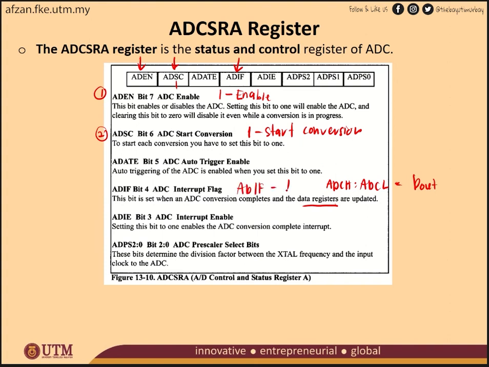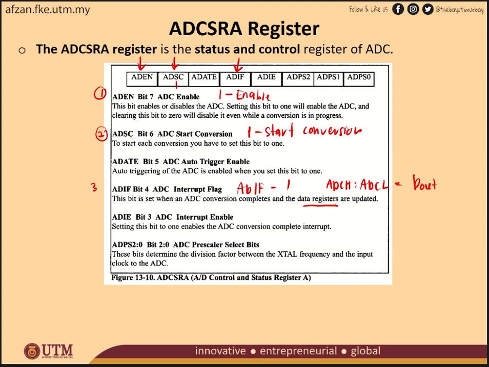ADIF will become 1. Once you start the conversion, ADIF is 0. After you finish the conversion, ADIF will become 1 after ADCH and ADCL are updated.